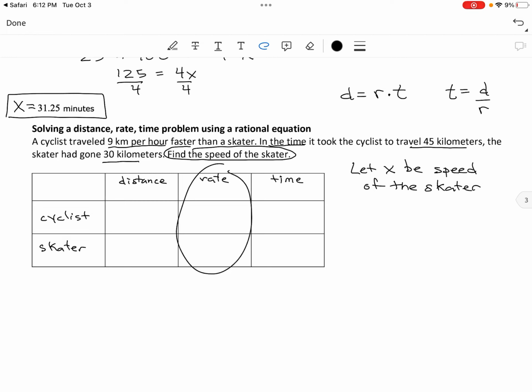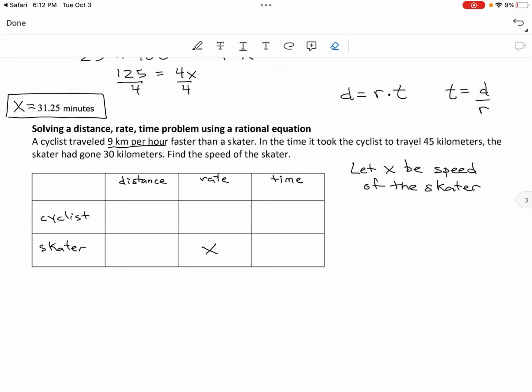Here is your skater rate. There's the rate, and so the skater is x. That's the speed of the skater. Now let's go back to what they said. One of the very first things was that the cyclist traveled 9 kilometers per hour faster than the skater. And so the cyclist is x plus 9. Whatever the rate of the skater is, they are that much faster.